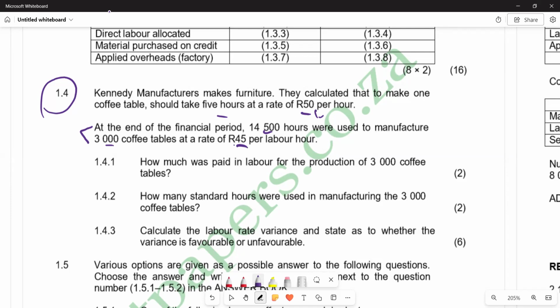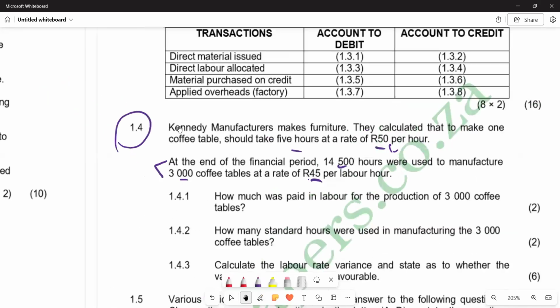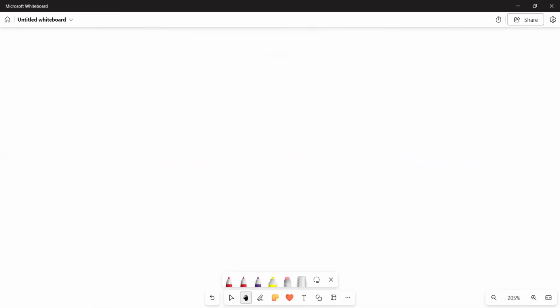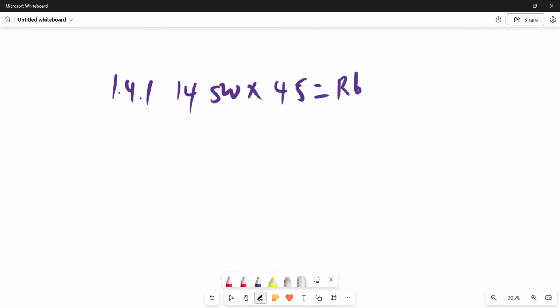So to get the total, we multiply 45 times 14,500, and if you calculate correctly, the answer there is 652,500. So this is the answer that we have on the first part.